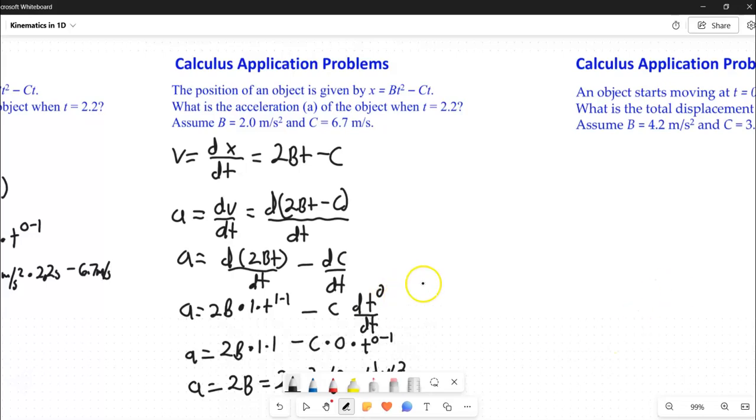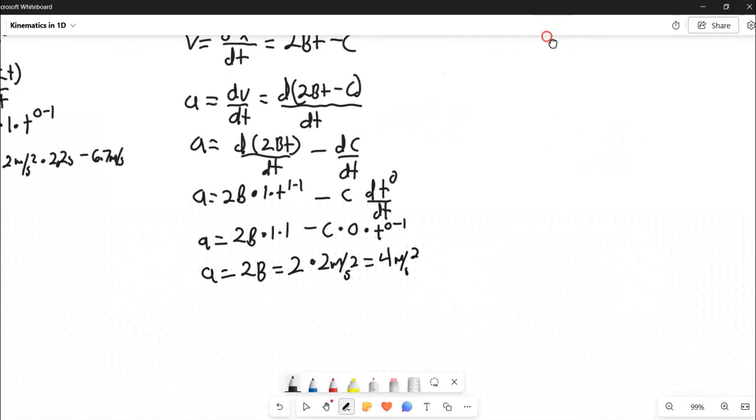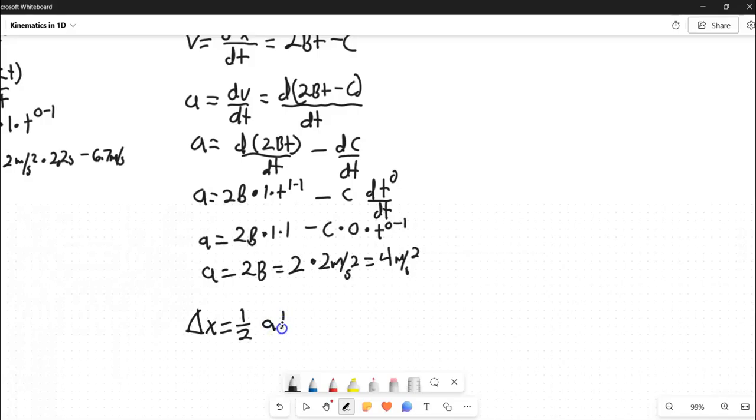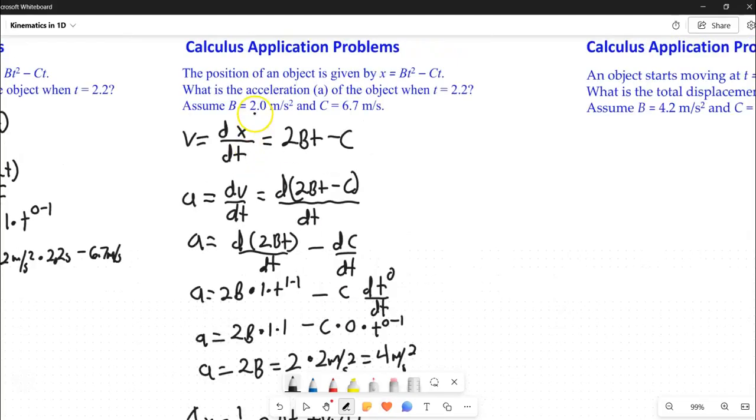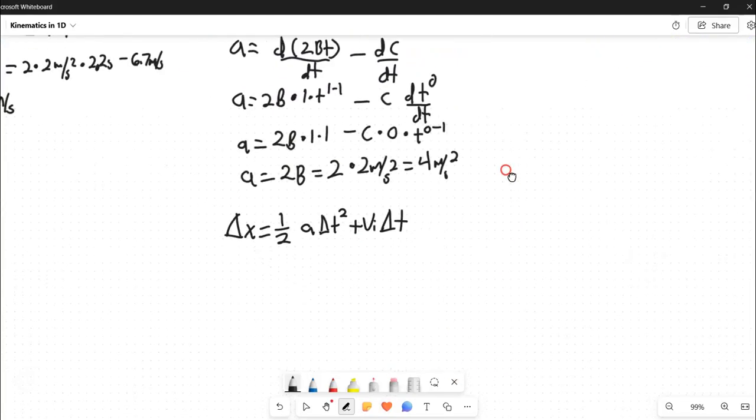This does make sense, by the way, because in a quadratic equation, I know that seems weird, but if we have delta x, which is 1/2 a delta t squared plus vi delta t, they said that b is just bt squared.